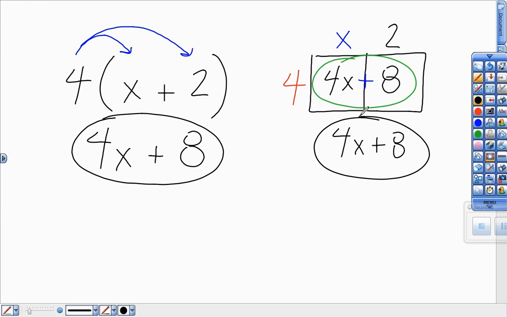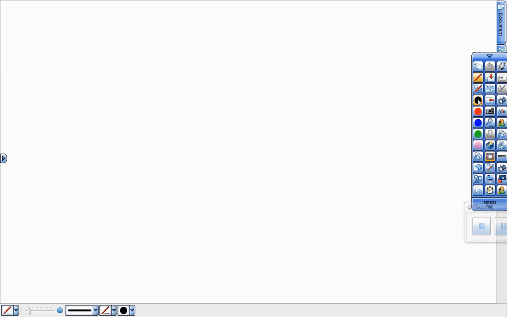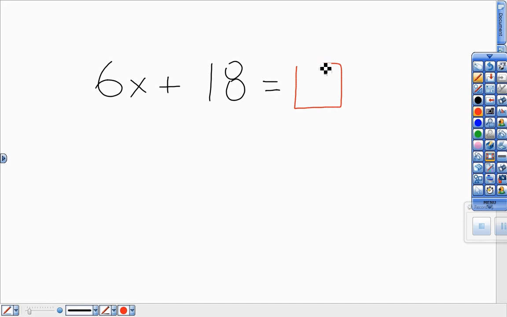Third way I'm going to have you look at the distributive property today is looking at something that's already been distributed and trying to find the number that goes out front. So this one is 6x plus 18, and that's equal to some unknown number that I'm going to need you to know how to find.